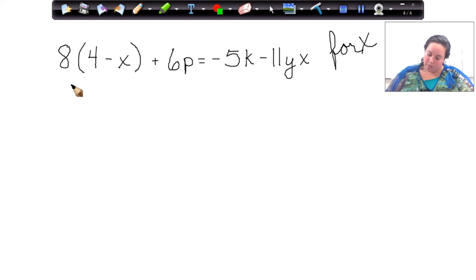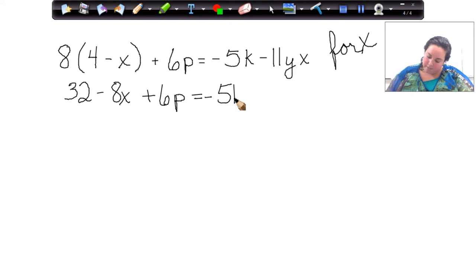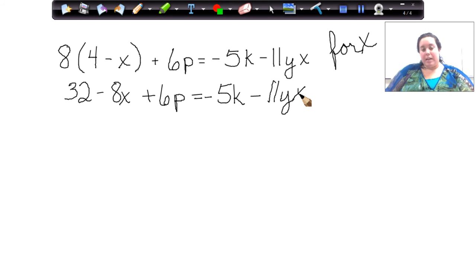We're going to distribute: 32 minus 8x plus 6p equals negative 5k minus 11yx. Now we're going to rearrange things by using the addition property that lets us move things over, so that we have all of the terms that have x's in them on one side of the equal sign, and all the terms that do not on the other.